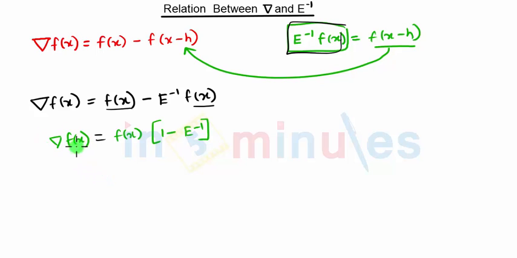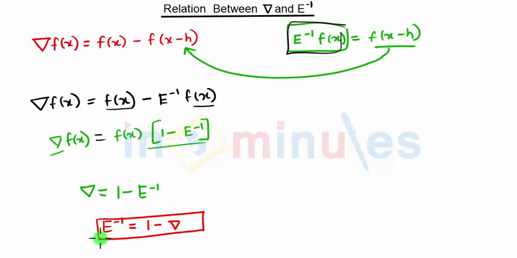So if we combine the coefficient of f of x, we will get inverted delta, that is backward difference operator, is equal to 1 minus e inverse. And this relation can also be represented as e inverse is equal to 1 minus inverted delta. So this is the relationship between the inverse backward shift operator and the backward difference operator.